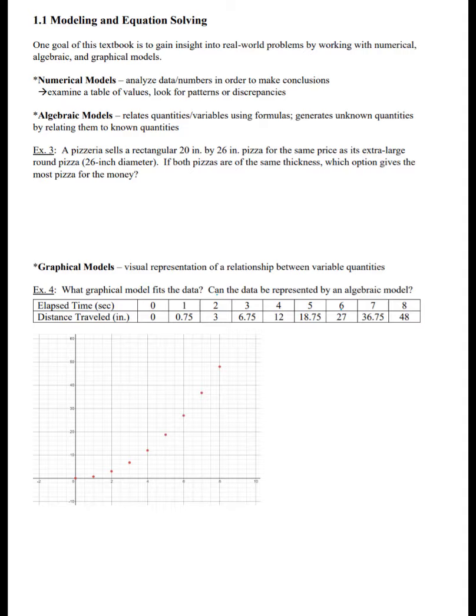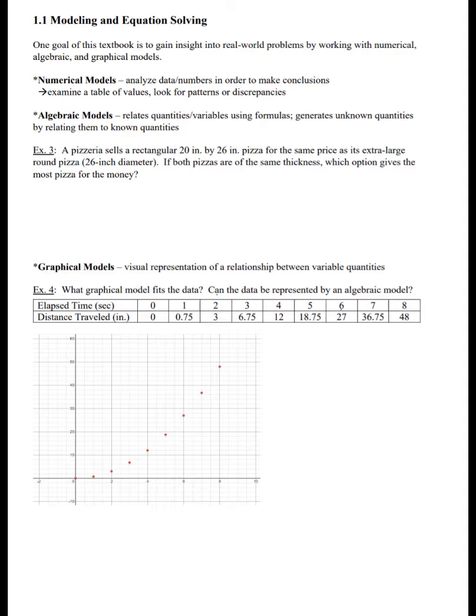So I would encourage you at this point to look at example 1 and example 2 in the textbook. I didn't include them here because they just did a nice job in the book of laying out a couple examples of scenarios that have data tables and explaining how you would go about making some conclusions from your tables. So go ahead and take a look at those two examples.